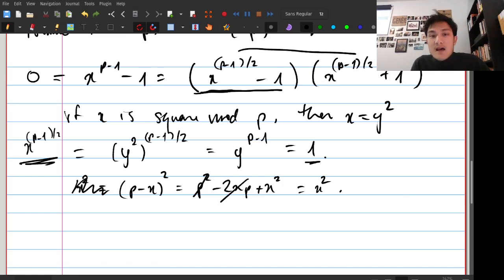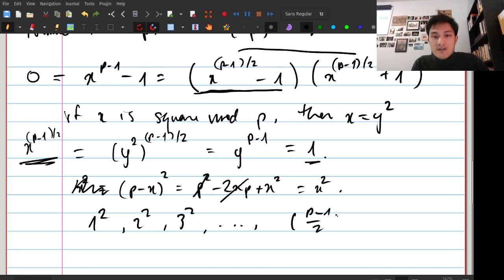So that means if you want to know all the distinct squares mod p, we just take 1 squared, 2 squared, 3 squared, all the way up to ((p-1)/2) squared, the first half of F_p, and you'll get different numbers. Because if you're counting down the other way, (p-1) squared is equal to 1 squared, and (p-2) squared is equal to 2 squared.